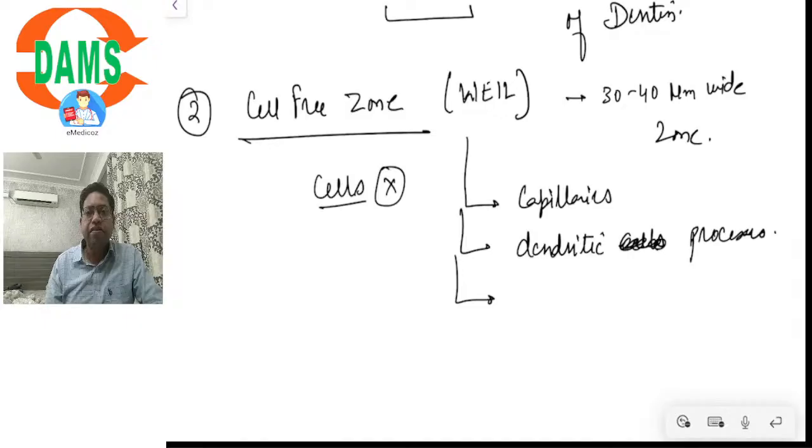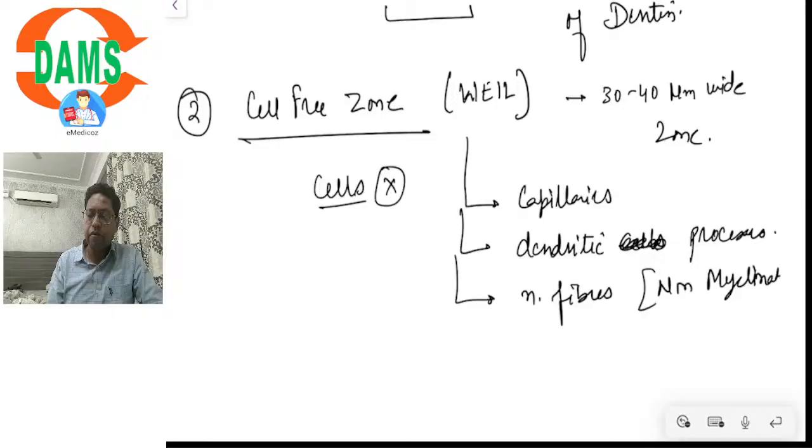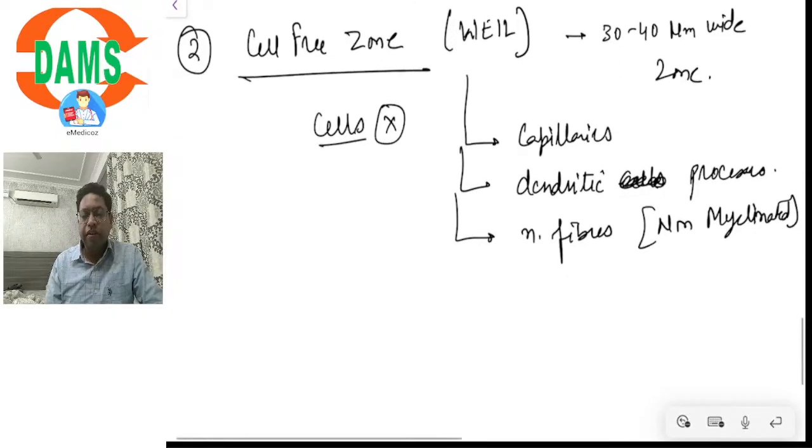No cells are present there, and it consists of nerve fibers, mostly non-myelinated nerve fibers. They are present in the outermost layer of dentine. That is called the cell-free zone of Weil.